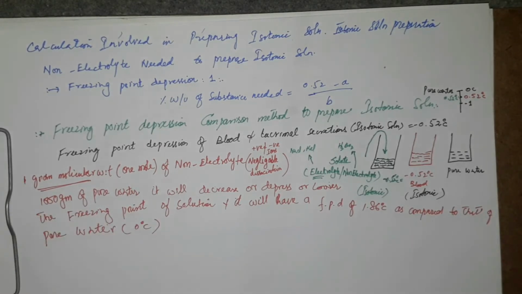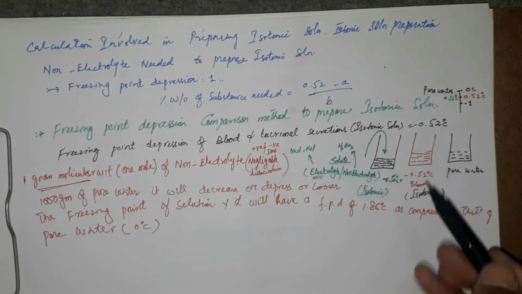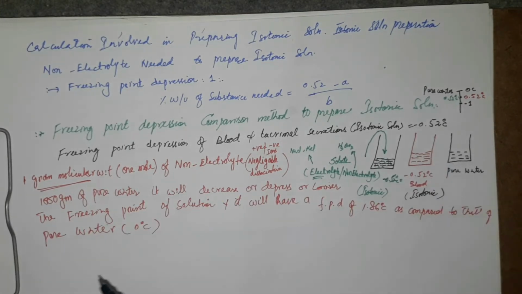So by very simple proportion we can find the exact quantity that is required to produce this 0.52 degree centigrade freezing point depression.